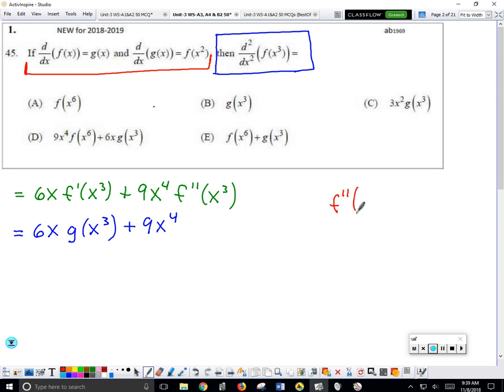So f double prime of any x is equivalent to f of whatever squared. So f double prime of x cubed means this becomes f of the x cubed squared. To square something means to multiply it by itself. So you have that, which becomes this.